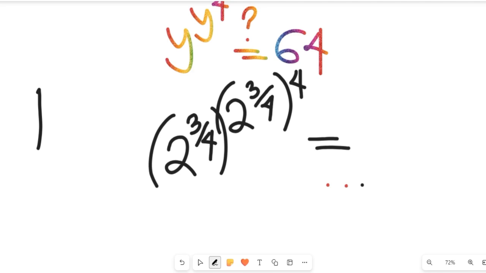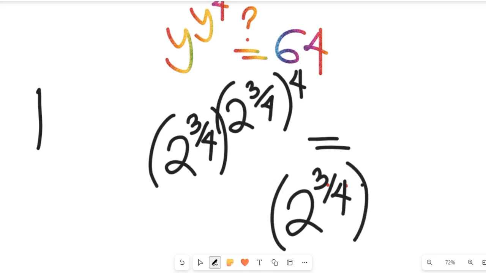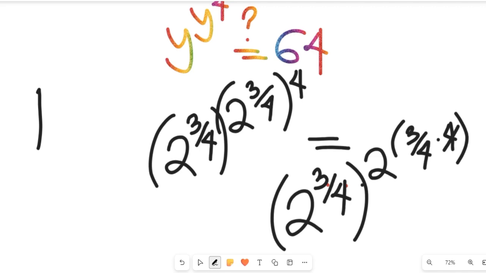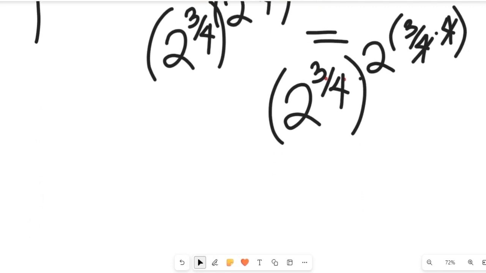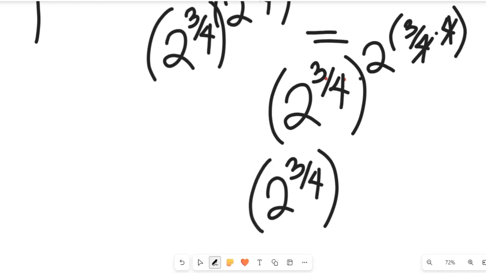So this will give us 2 to the power of 3 divided by 4, all to the power of 2 to the power of 3 divided by 4 multiplied by 4, and this will give us what? 2 to the power of 3. So that expression will give us 2 to the power of 3 divided by 4, all to the power of 2 to the power of 3.